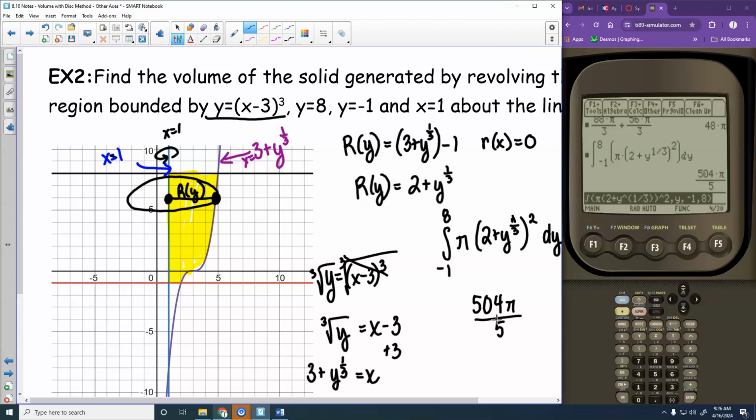You could do it without the pi. You can put the pi on the outside, you can put the pi on the inside, or you can leave the pi out altogether as long as you remember to put it back into your answer at the end. Make sure you're squaring this whole thing, 2 plus y to the 1/3 squared. Make sure it's not just the y that's getting squared there.